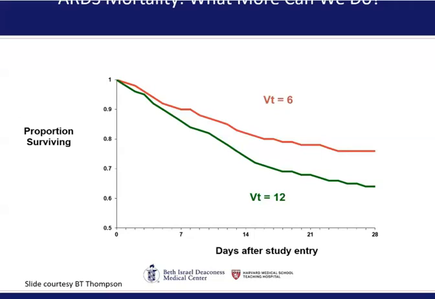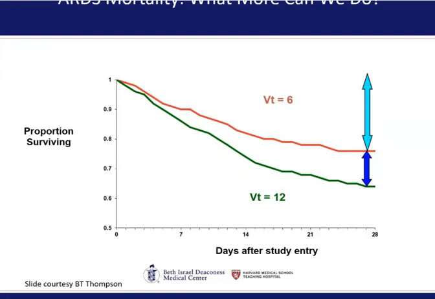Now, the strongest evidence for ventilator support in ARDS is, of course, from this trial. Low tidal volume saves lives, and the difference, the dark blue arrow, that difference in mortality between the 6 ml per kilo and 12 ml per kilo groups is entirely attributable to prevention of ventilator-induced lung injury.